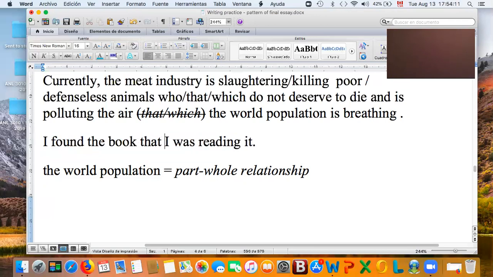And in fact, English speaking children, when they're just starting to speak, often do this. Many languages do this. In English, this disappears. It's sort of understood to be there. It's the object of reading. I was reading what? I was reading the book.